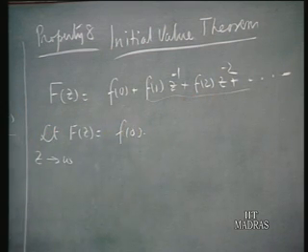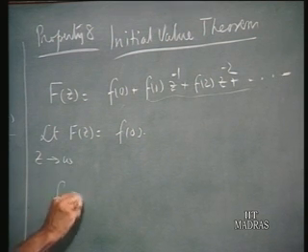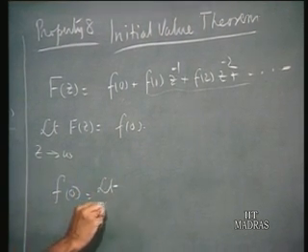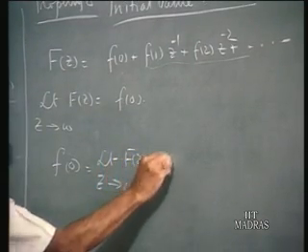So the initial value theorem states f0 is the limit as z tends to infinity of F of z, if such a limit exists.